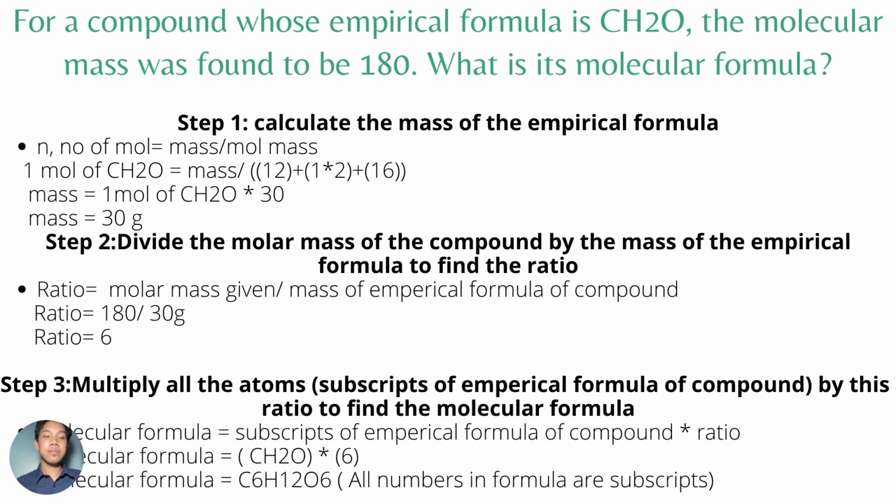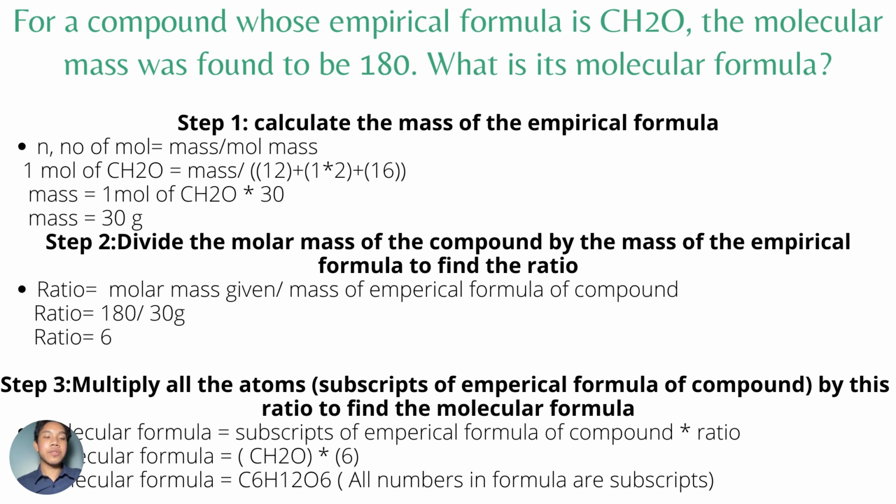So you use the formula mass over molar mass, and then you will get the mass of the empirical formula, right? So step 2, divide the molar mass of the compound by the mass of the empirical formula to find the ratio.